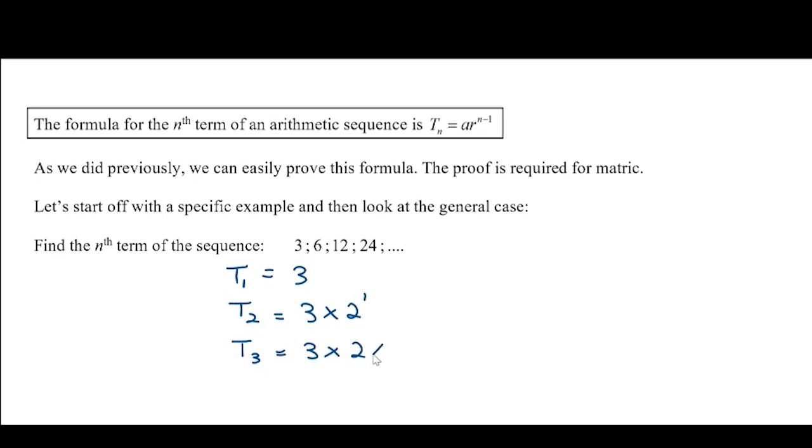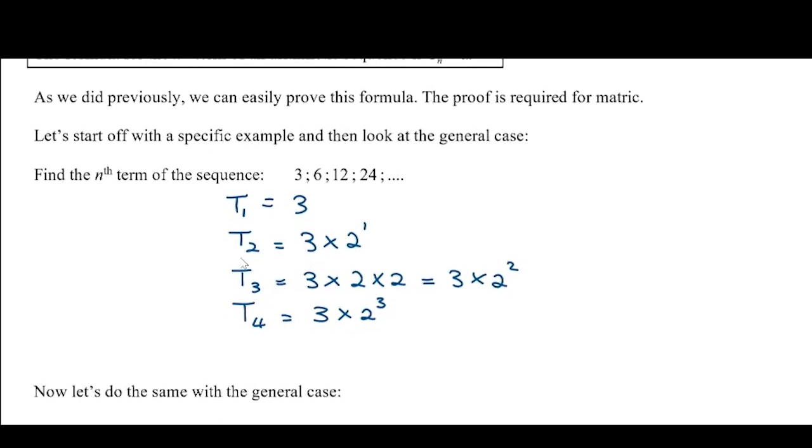T3, we're going to take the one before, and we're going to multiply by 2 again. We could write this obviously as 3 times 2 squared. T4, we're going to multiply the previous term by 2. So what ends up happening is we get 3 times 2 to the 3. 3 2's multiplying it. And so it carries on.